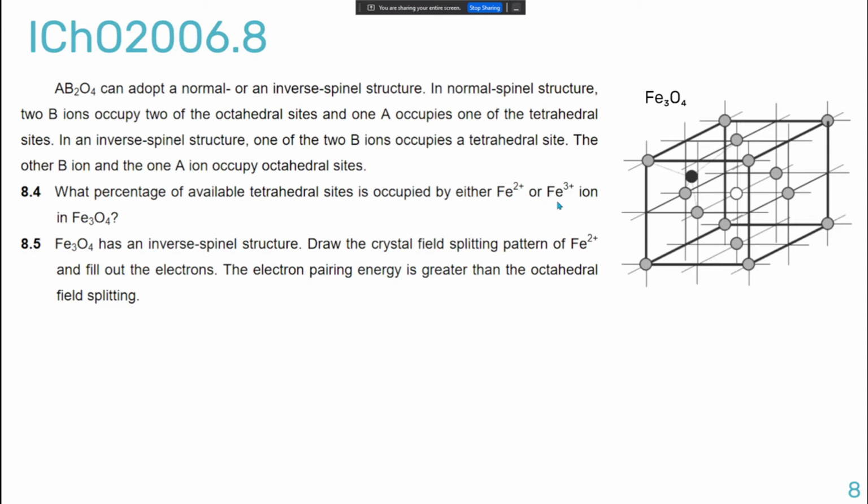If you untangle the logic, it means that in one case it will be either normal Spinel or inverse Spinel. And in both cases it will be only one side, as shown in this figure, where you have a tetrahedral hole filled with an atom. And therefore it will be 1/8.